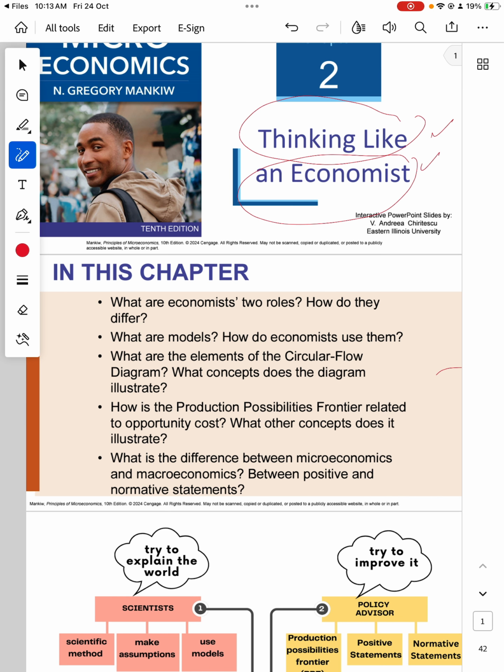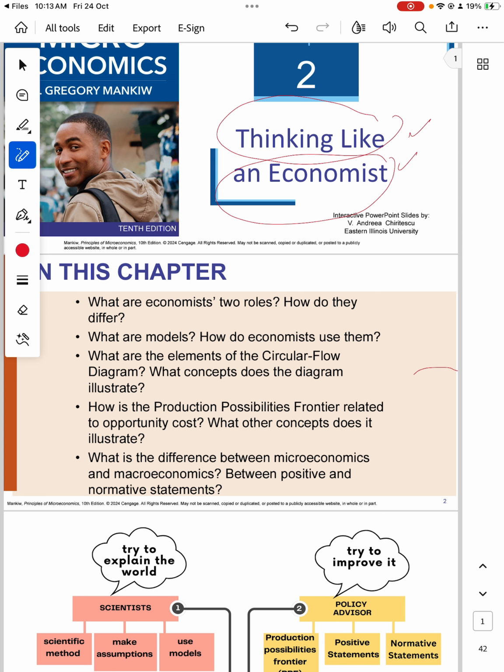Basically in this chapter, we'll cover the two roles of economics. How do they differ? What are the roles? And what are models? How do economists use them? And what are the elements of the circular flow model that is used by economists? And how is the production possibilities frontier (PPF) related to opportunity cost?